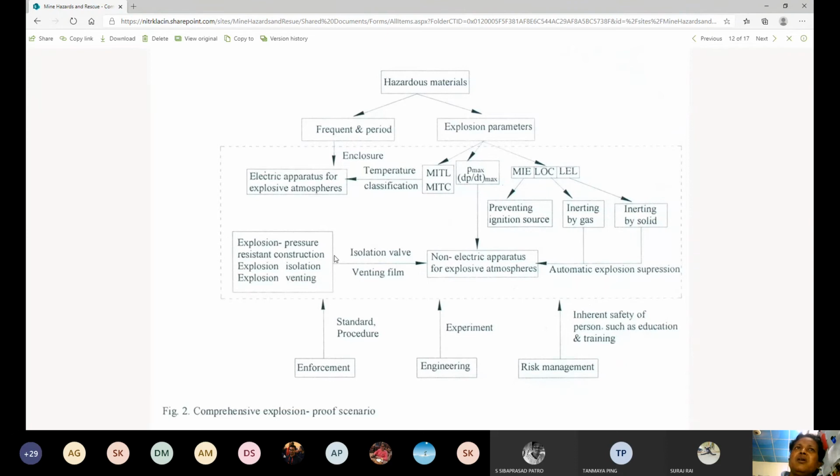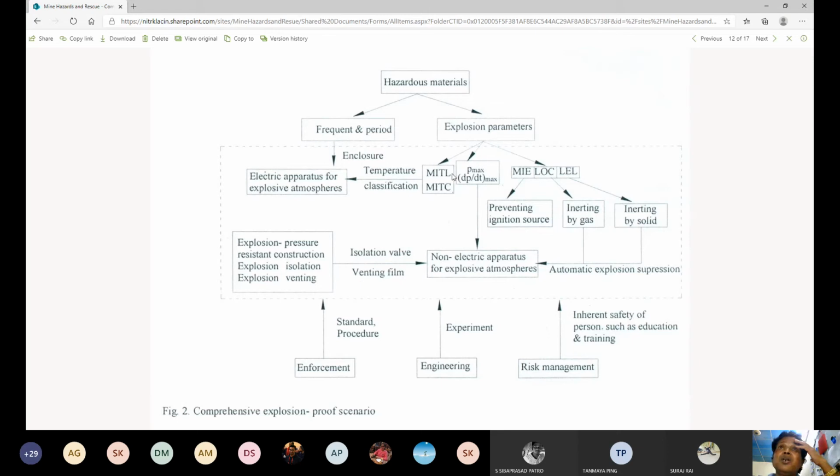These are the things you have to take. Enforcement, standard procedure, operating procedure, then engineering out the parameters, then risk management, so that this temperature classification, minimum ignition temperature for the layers, if the dust is in layer form, if the coal dust is in layers, so what is the minimum ignition temperature for the layer, and what is the minimum ignition temperature for the cloud, dust cloud?